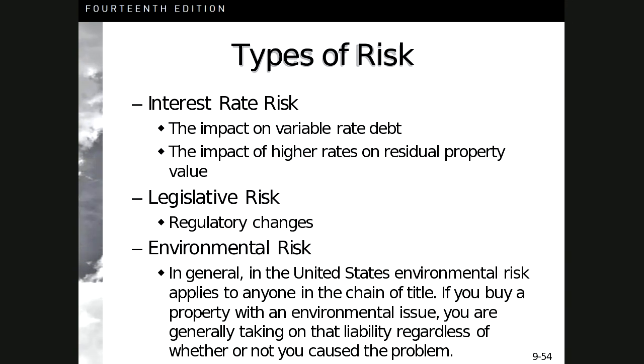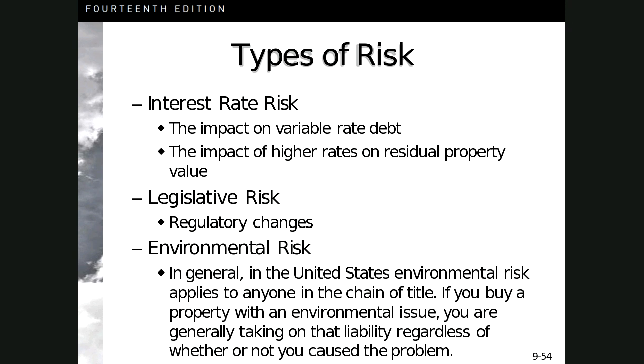Okay, and you have, in general, environmental risk. In the United States, environmental risk applies to anyone in the chain of title. If you buy a property with an environmental issue, you're generally taking on that liability, regardless of whether or not you caused the problem.